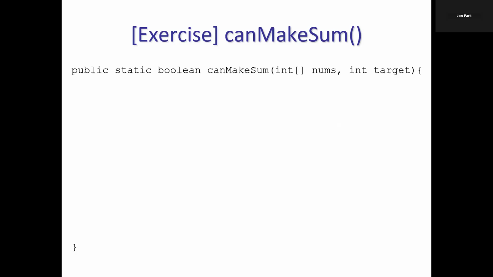So logically, the order doesn't matter, but we're using array, so there's an ordering, but that's not something we're going to make use of. So can_make_sum takes in an array and target int and returns true if a subset of nums adds up to the target, false otherwise.